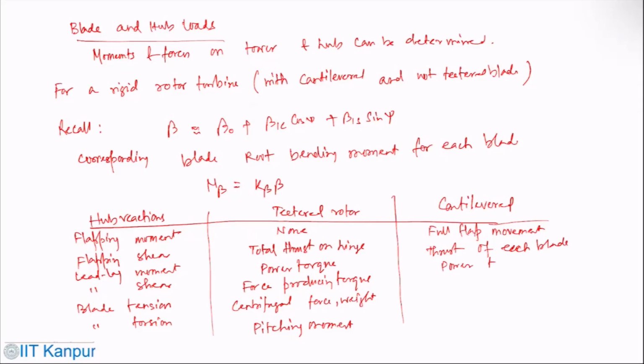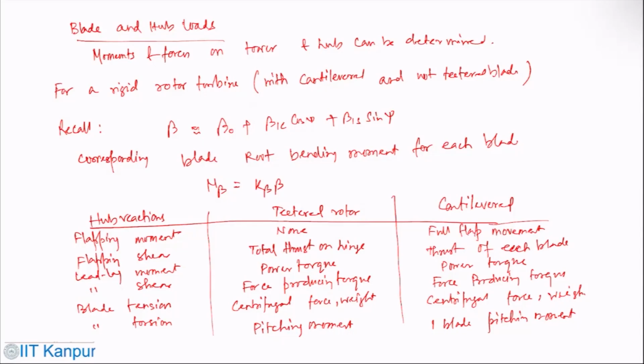This is power torque, force producing torque, centrifugal force, weight, one blade pitching moment. So, similar to the development of the flap equation, one could develop a lead lag and torsion equation and a full set of response to get hub loads and all these things. So this gives you an idea about those things.